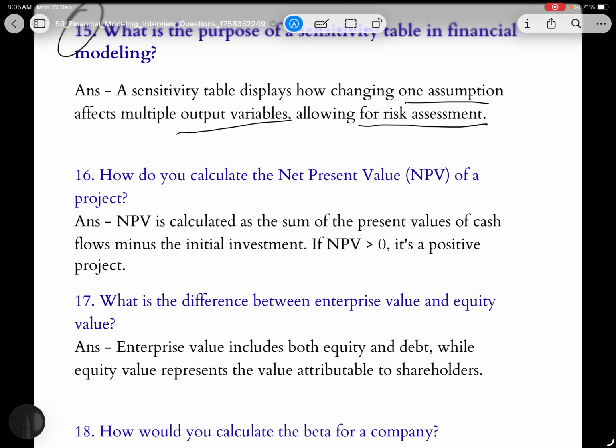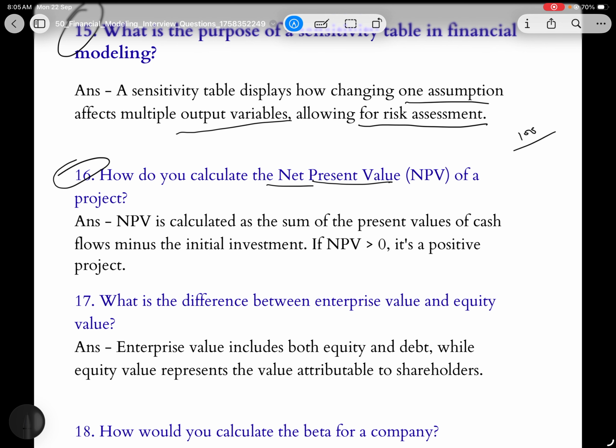Next is net present value. There is a word over here: net is always something that has been deducted from. So let's talk about present value first. Let's say you have cash of $100 that you will be receiving in the next 1 year.